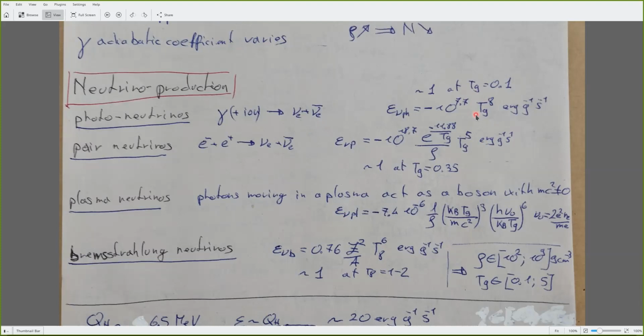That means when the temperature is higher, the energy loss is really important, but when the temperature goes down, the energy loss is almost negligible.